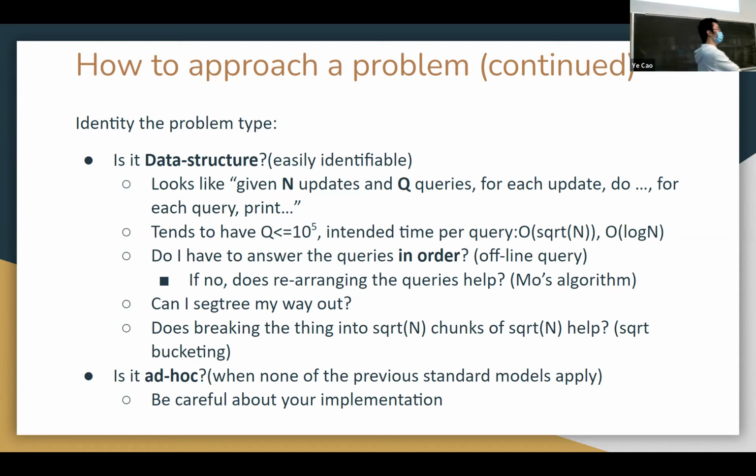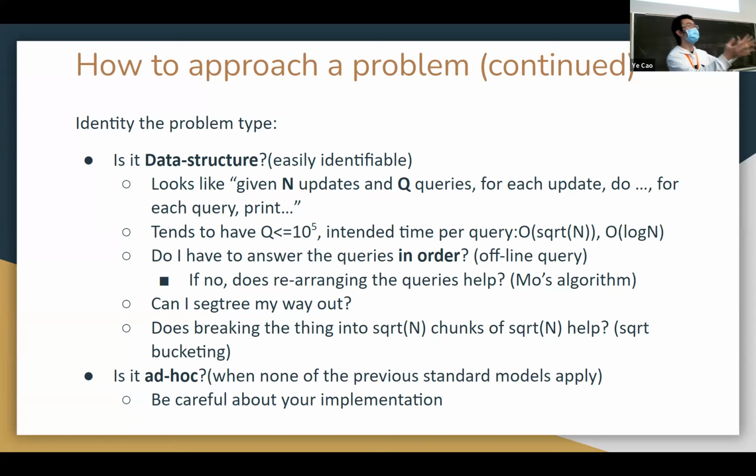Another trick to approach data structure problems is to ask yourself, do I have to answer the queries in the order they show up in the input? If not, you're in luck, because there are some offline query algorithms that allow you to process the queries out of order, which lets you answer each query faster.